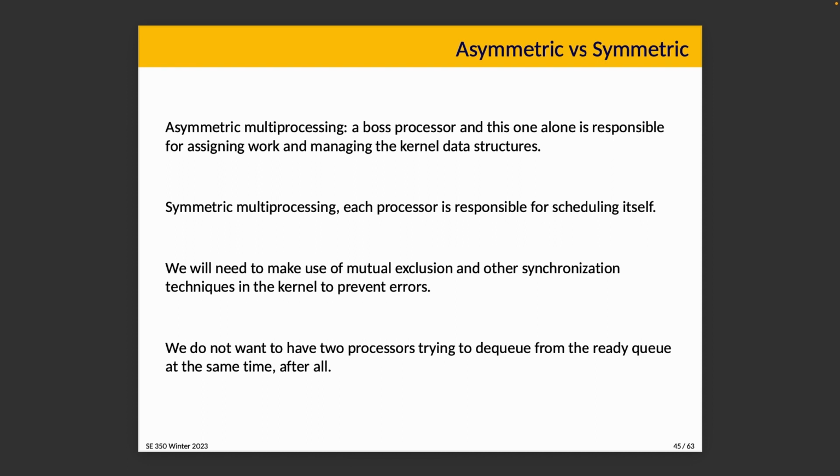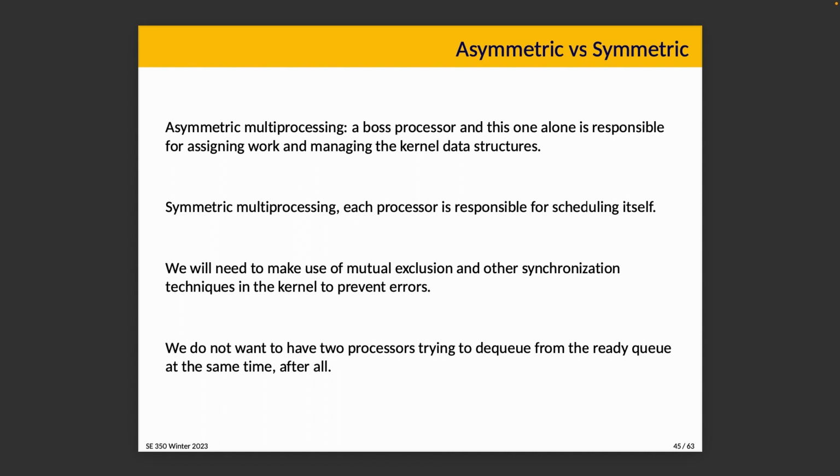Much more common is symmetric multiprocessing, also called SMP, if you've seen that abbreviation before. And in that one, each processor is responsible for scheduling itself, right? That's a bit more complicated to manage to some extent, because we need to make use of mutual exclusion and other synchronization techniques in the kernel to make sure that everything works the way it's supposed to work.